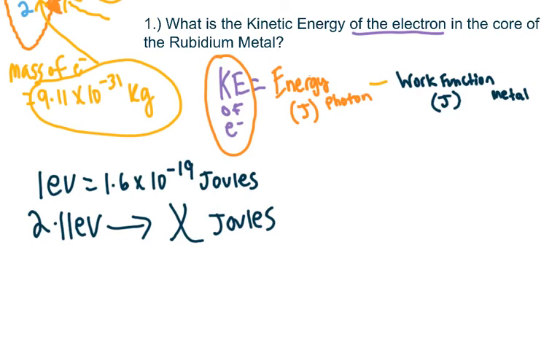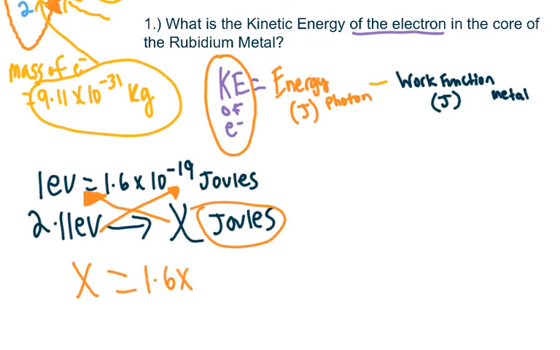We just cross multiply here. Don't worry about the units much, because we're just setting up this proportion for our sake. We're trying to find joules, so we cross multiply and get X equals 1.6 times 10 to the negative 19th joules times 2.11 electron volts.